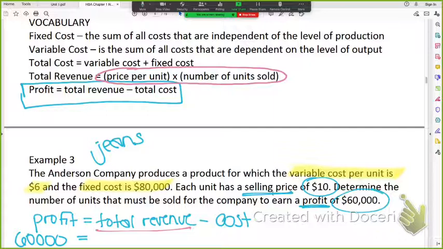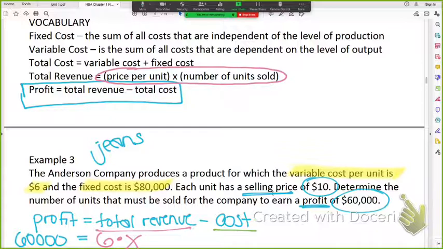Let's fill in what we know. Price per unit, do we know what that is? 10, times the number of units sold. Do we know what that is? No, what are we calling that? X.